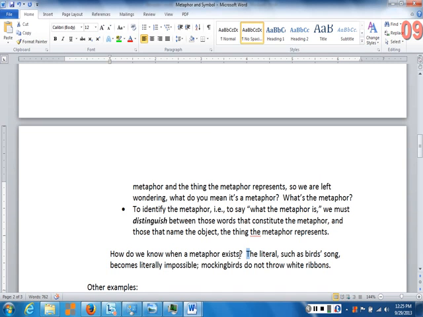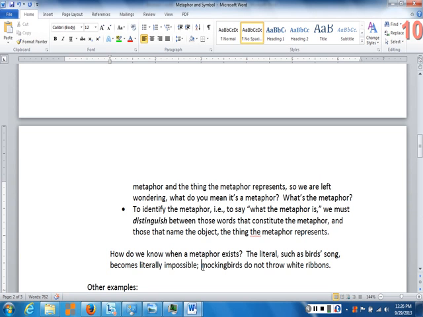We know there is a metaphor present when something literal in the poem becomes literally impossible in the way that thing, the literal thing, is being referred to. So, in Mary Oliver's poem, we have birdsong. The reference to the song of the mockingbirds is literal.